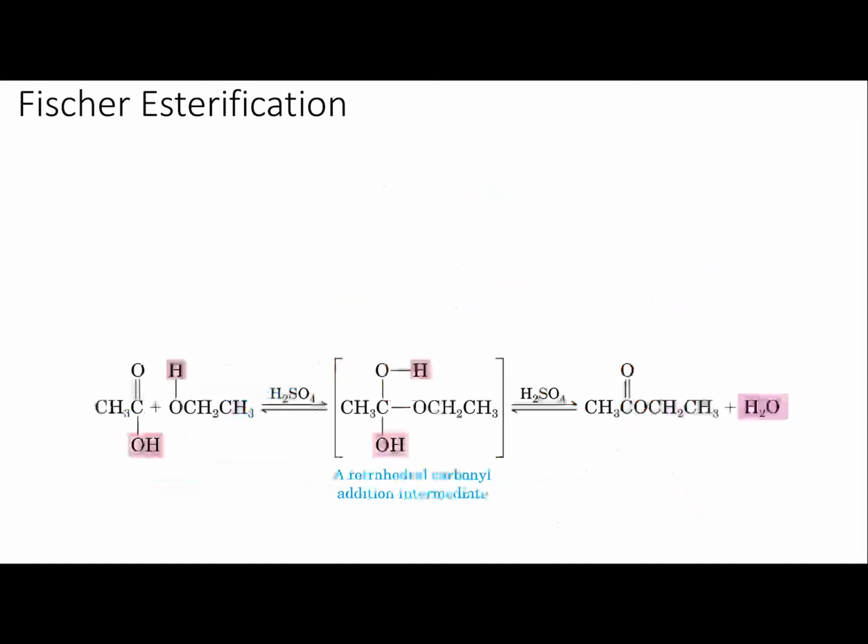So what happens is this O with its lone pairs comes in here and forms a bond to the carbon, causing the lone pair electrons on the double bond to kick up to become a lone pair.